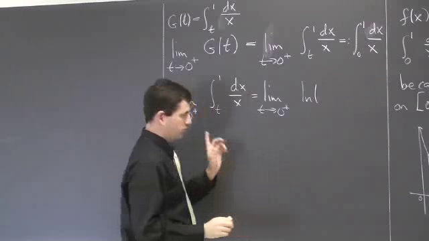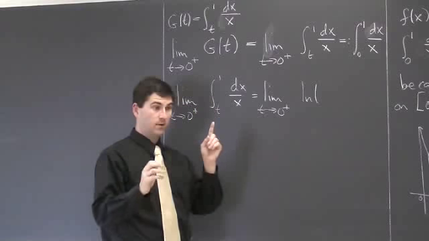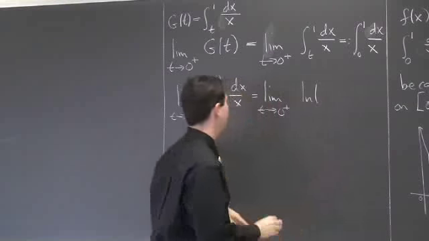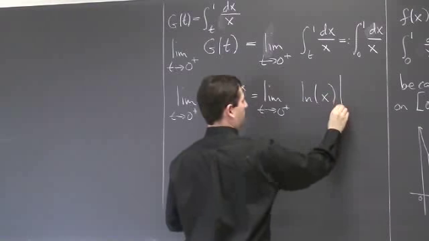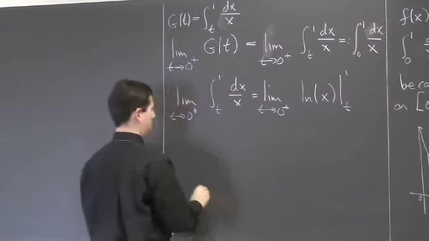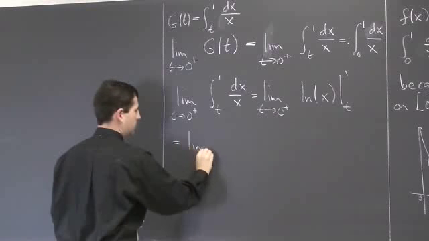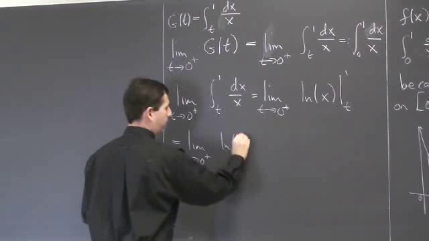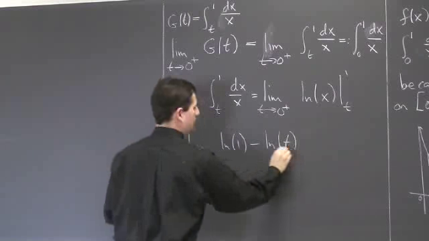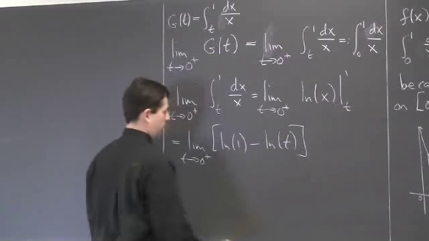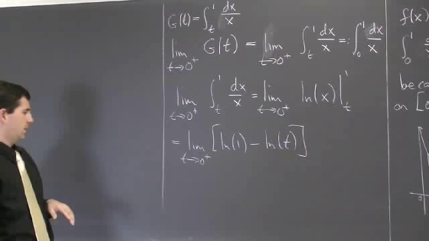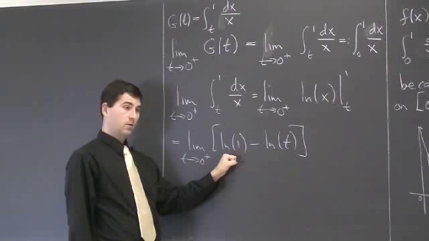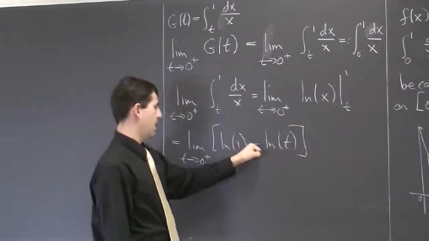Strictly speaking, it should be ln of absolute value of x, but since everything is positive, we don't worry about that. Then we have to evaluate at t and 1. So this is the limit as t goes to 0 of ln of 1 minus ln of t. Now, ln of 1 we saw was 0, so this is just minus ln of t.